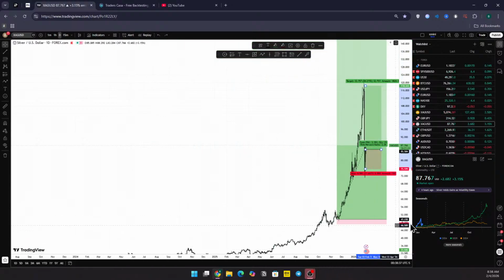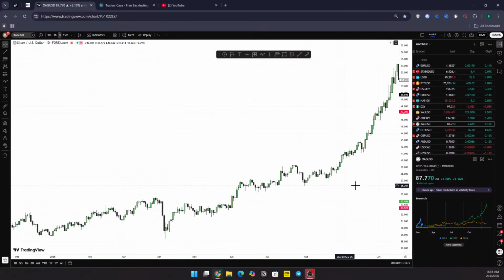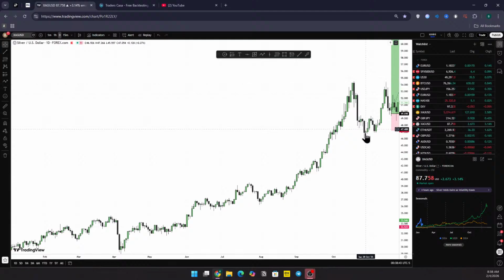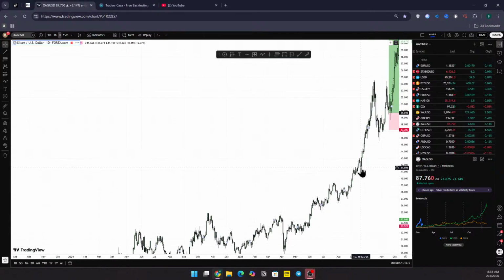Looking at this kind of big bearish candle, on Thursday the 18th, right, it took like 13 days to move like this, and within one day it had already undone this big move.